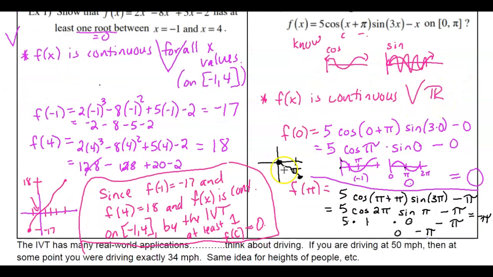Well, because I know it starts at 0 and that is on my interval, I'm guaranteed at least one root. Now, this curve could go up and down. We don't know. But I'm guaranteed at least one root at 0, which is on the interval that they want. So we're going to say yes, by all of this work.